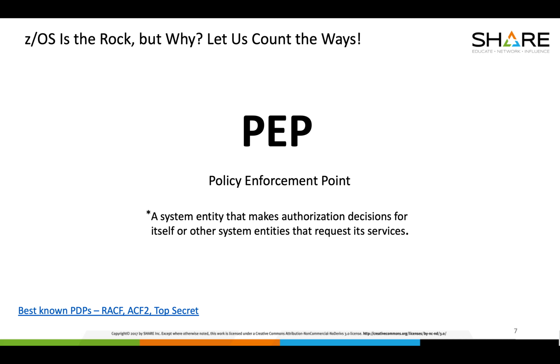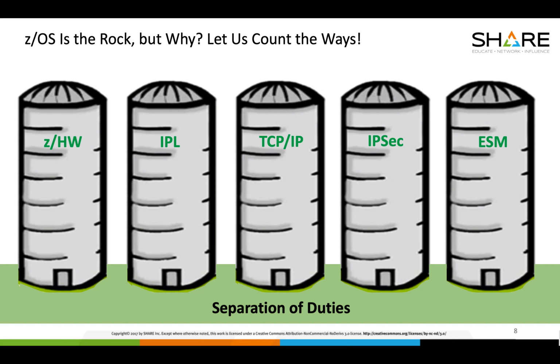So if a user is not authorized to do a certain set of work, if someone isn't authorized to access a port or access anything, the job queue as an example, or issue a command, or even log on, it's the external security manager that will make the base decision, policy decision point, and it's SAF that will actually enforce it because it is the policy enforcement point.